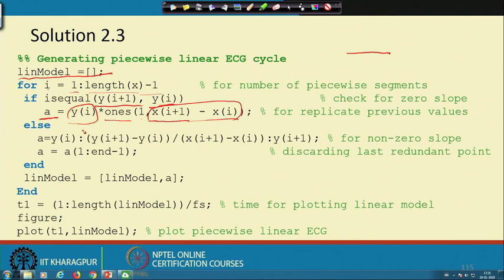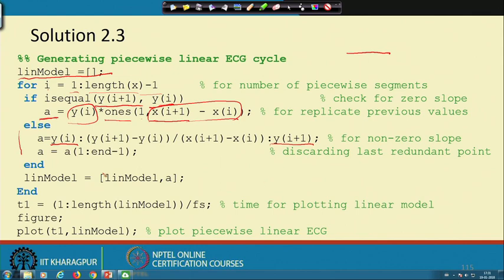Okay. Next point is, if these two are not equal, that is y I and y I plus 1, then we come to this else portion. What we do here, we need to have an increase from y I to y I plus 1 in a linear way. And what should be the increment?